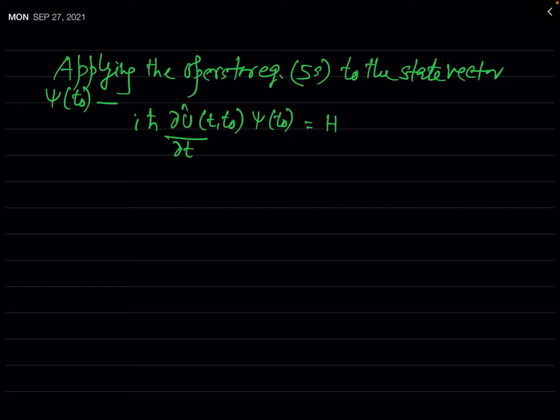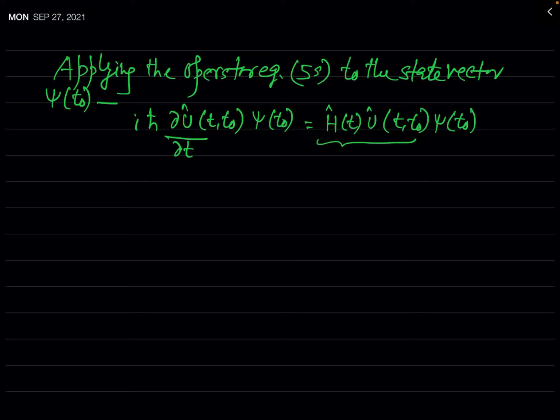And in the RHS you can see the operator is h hat of t times u hat of t comma t naught, and this operator will again be operated on psi of t naught.